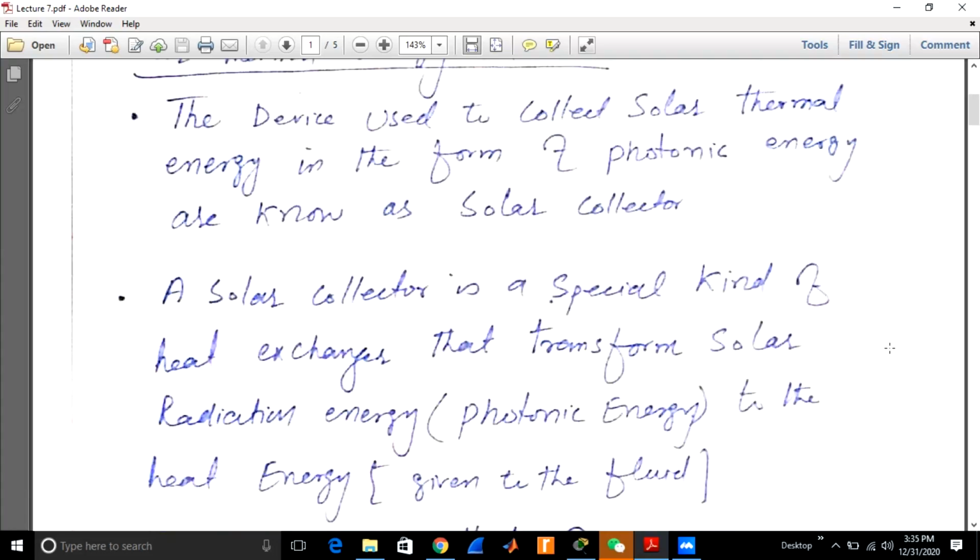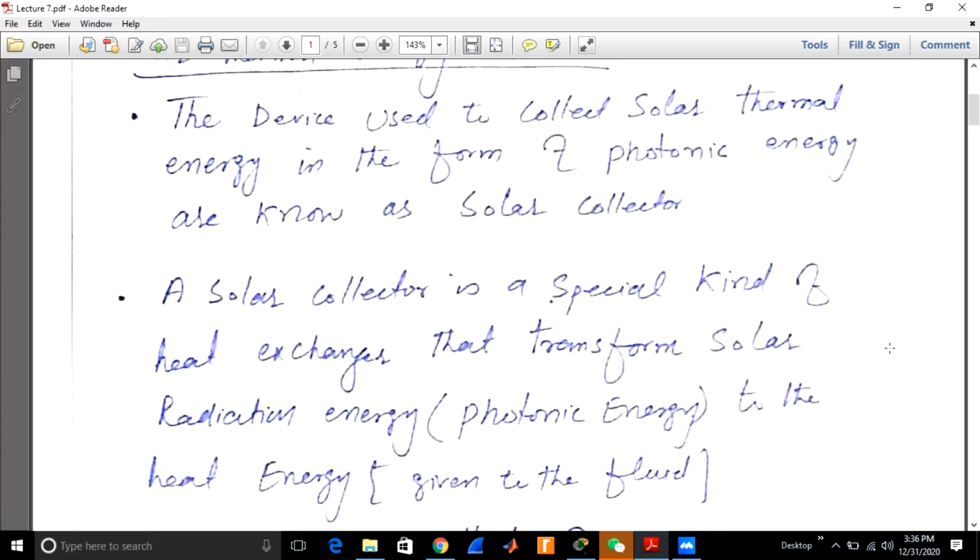There will be a fluid and the heat will be given to the fluid. It means that we deliver the energy from the sun to that fluid. So solar collectors are devices that collect the solar energy from the sun and give it to the fluid.